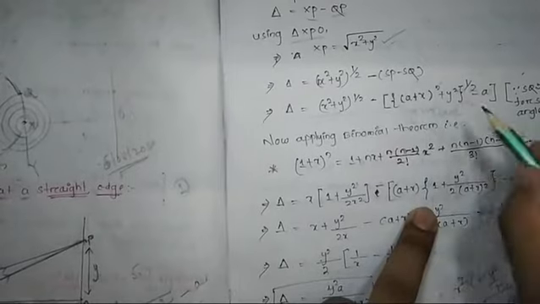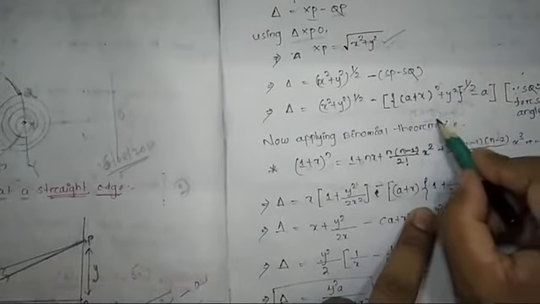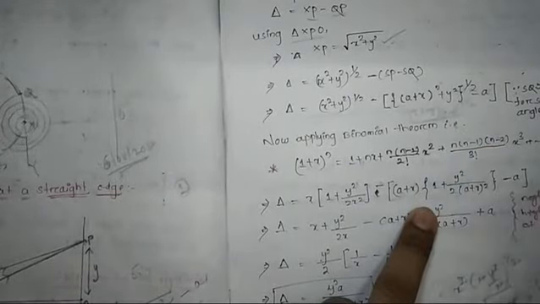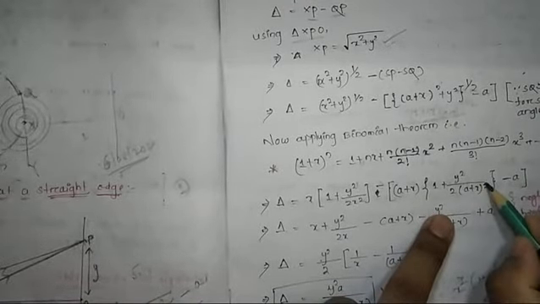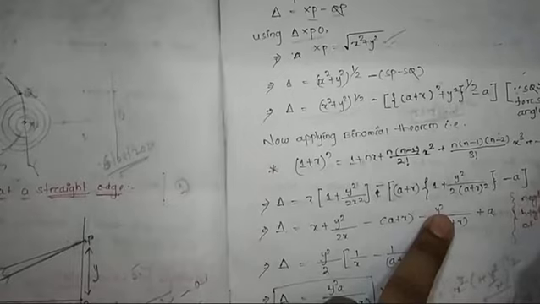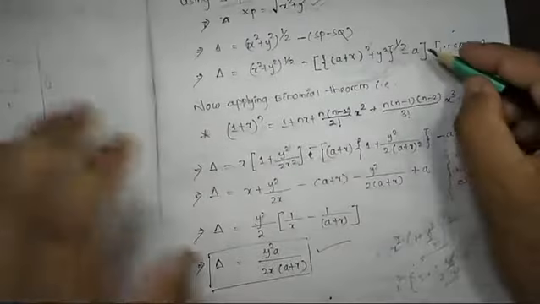Then we apply the binomial expansion for this term and get 1 plus y squared by 2(a plus x) squared, and the other terms are neglected. The last term is minus a.